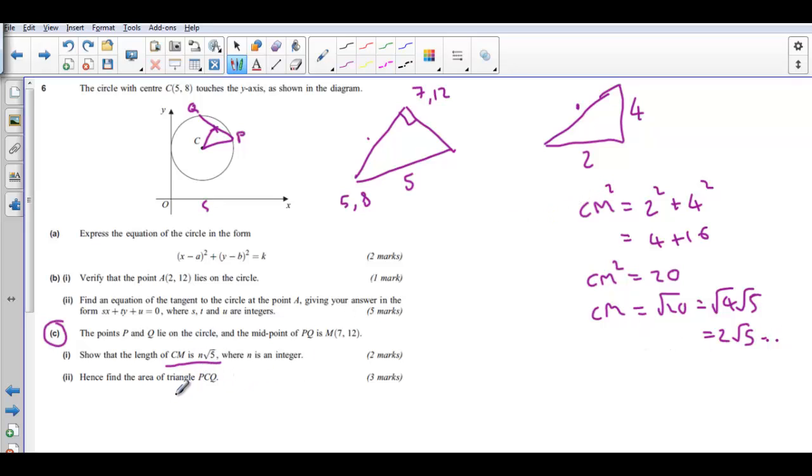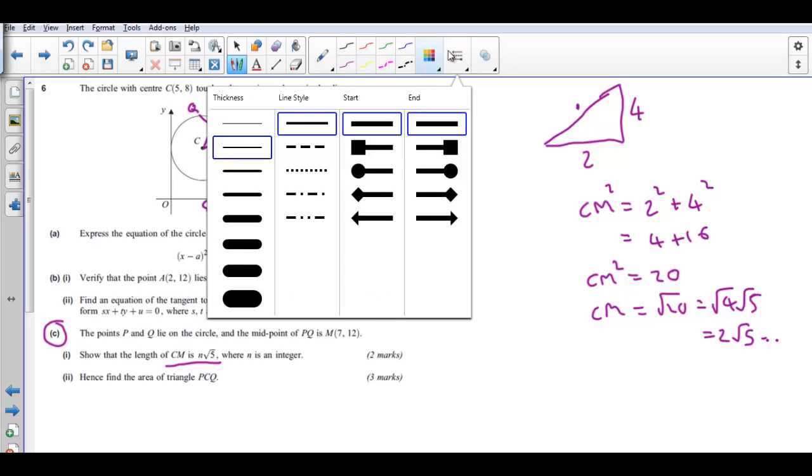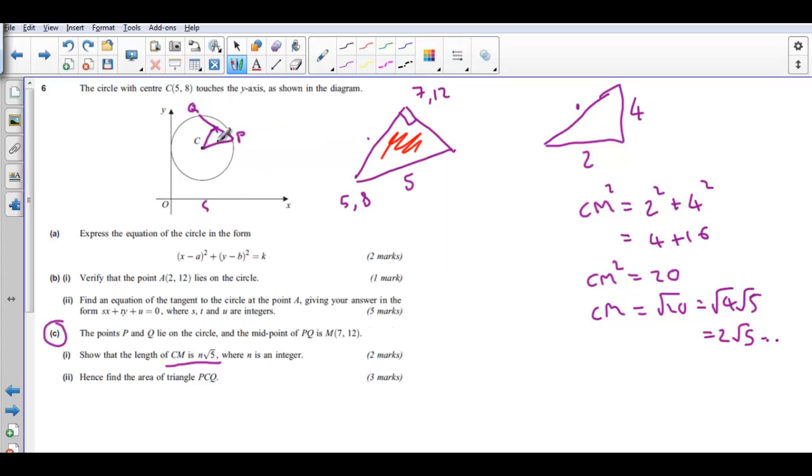Next part, hence find the area of the triangle PCQ. Now think about this a little bit carefully. We're not thinking about that triangle there. We're not thinking about that one. We're thinking about the whole triangle PCQ, which is actually double this triangle here. So one thing we might like to do is to get half of that triangle and then double it. To do that, what do we know? We need the two sides which have got the right angle between them.